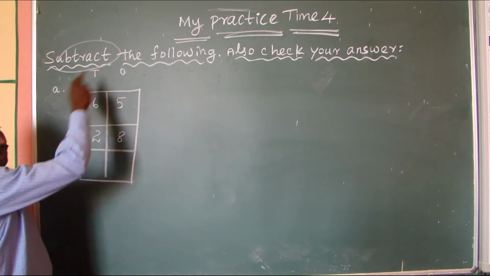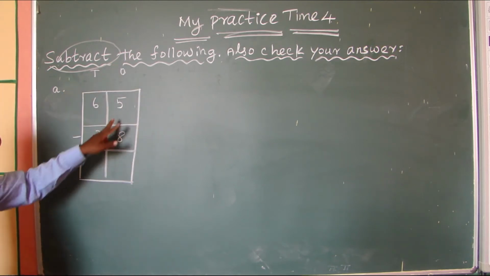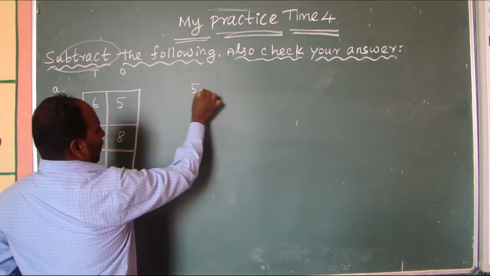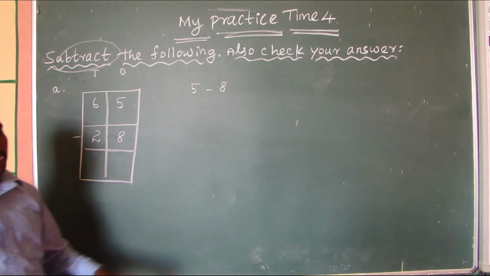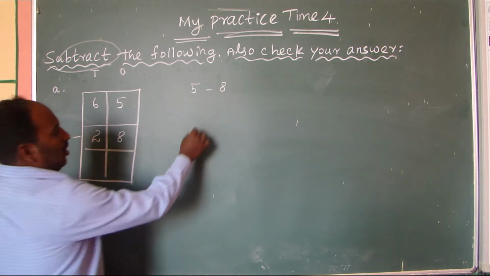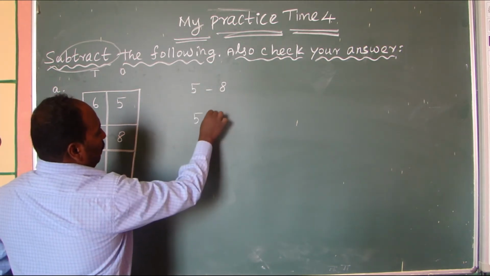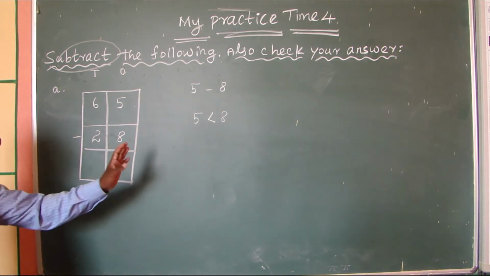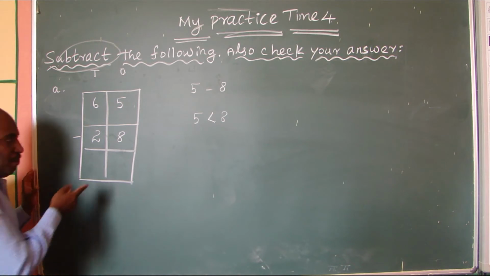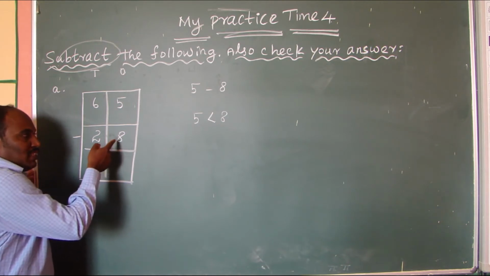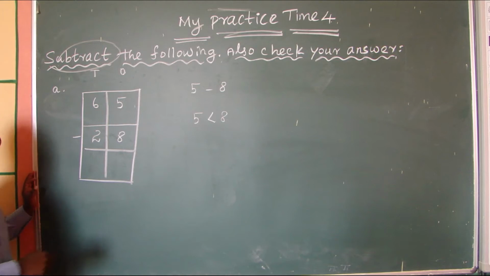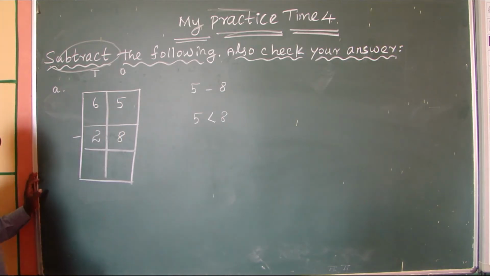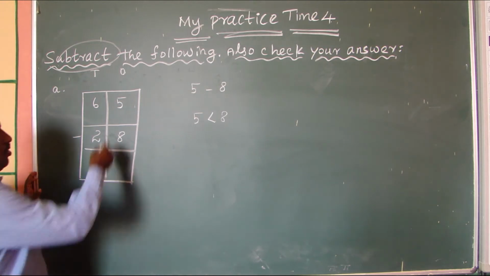Let's start with the ones place. 5 minus 8. 5 minus 8 is not possible because the number 5 is less than 8. Listen here. The number 8 subtracted from 5 is not possible.